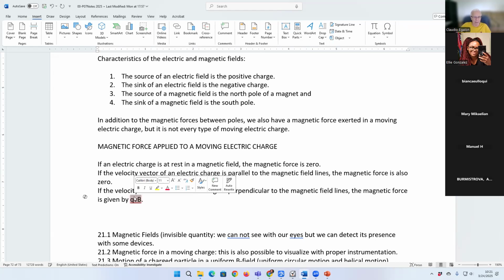Can you remember that? QVB. And I'm going to write that down: F_B equals QVB.